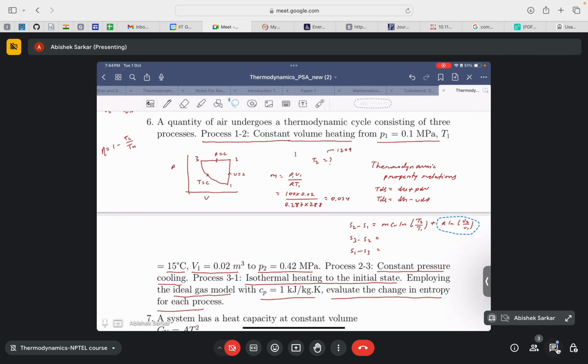Let me check the units. Is it joules or kilojoule per kg Kelvin? Oh, actually there would be an m.